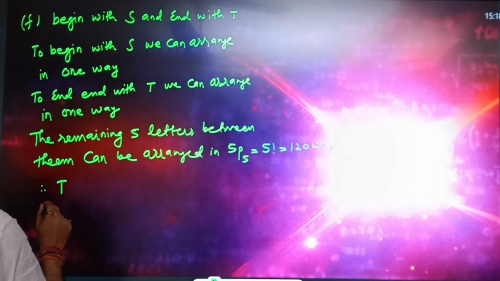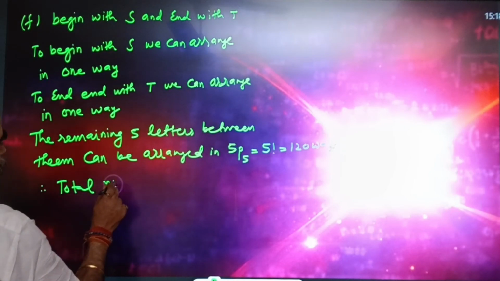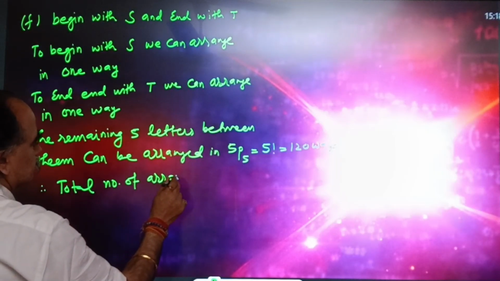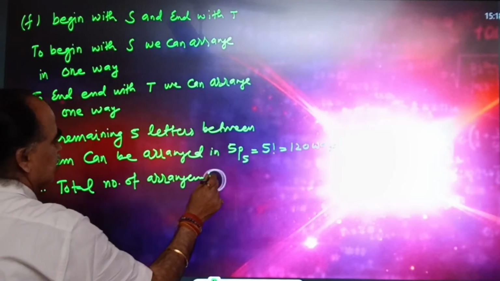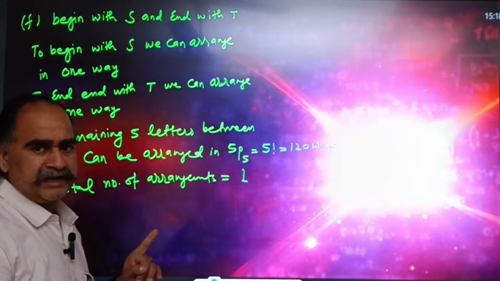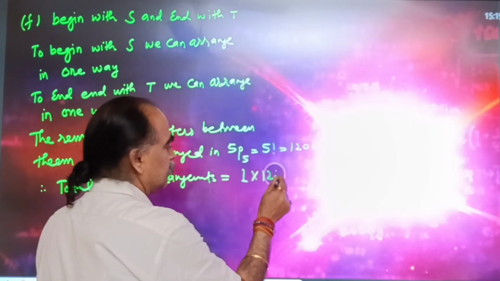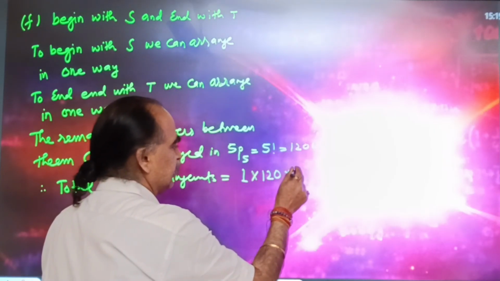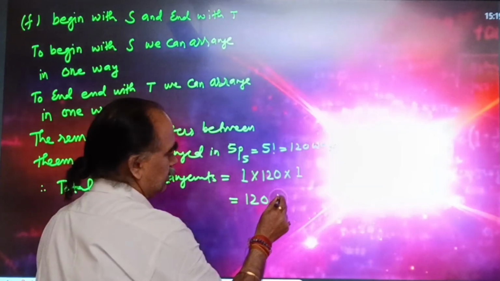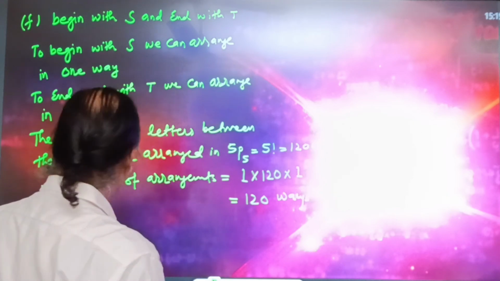Therefore, the total number of arrangements is equal to 1 for beginning, 120 between, and 1 at the end, which is 120 ways.